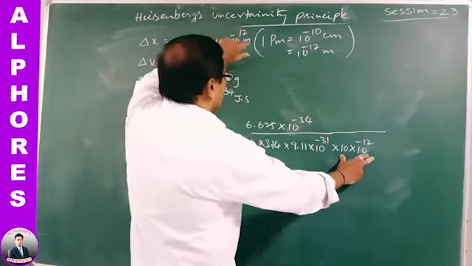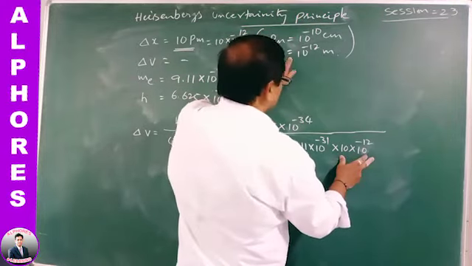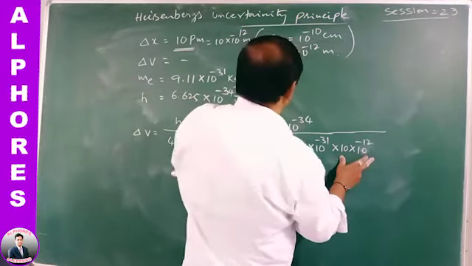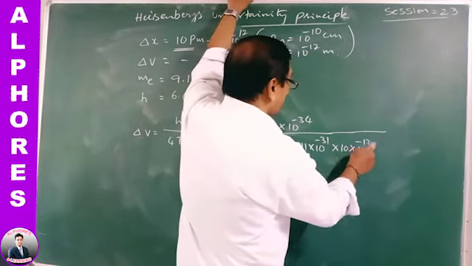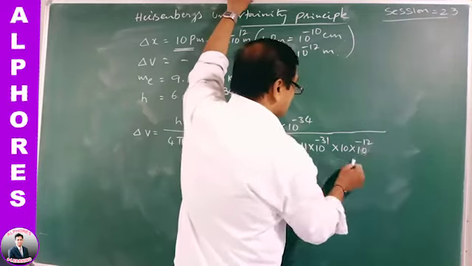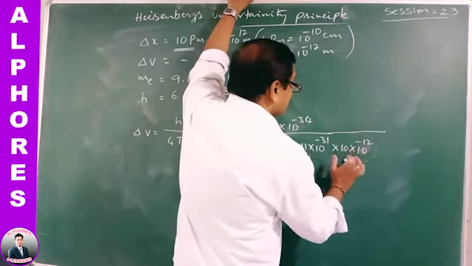We know that 1 picometer is equal to 10 to the power minus 10 centimeters, or 10 to the power minus 12 meters. That means 10 into 10 to the power minus 12, which in place of this you can write as 10 to the power minus 11.